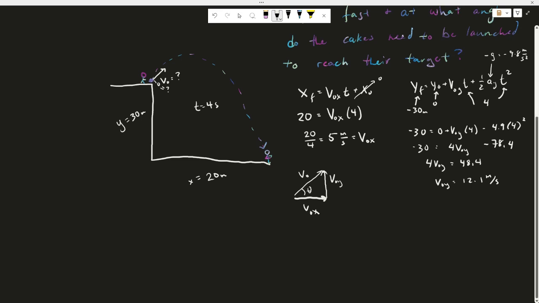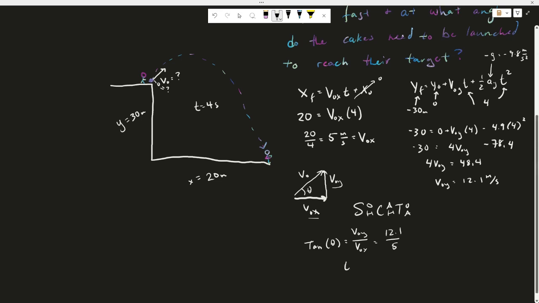So in that case, I know from SOHCAHTOA that the tangent of that angle is equal to the opposite, which is v naught y, over the adjacent, which is v naught x. And so this would equal 12.1 divided by 5.